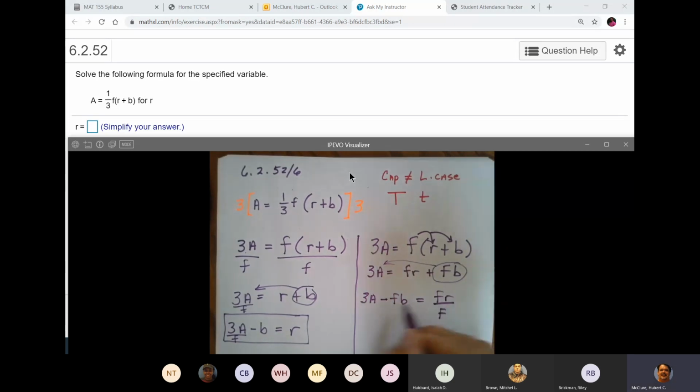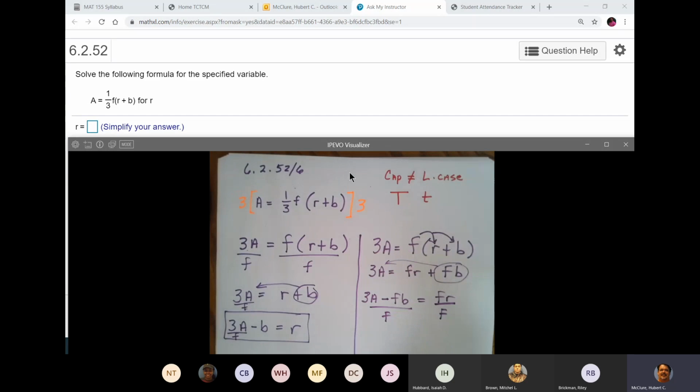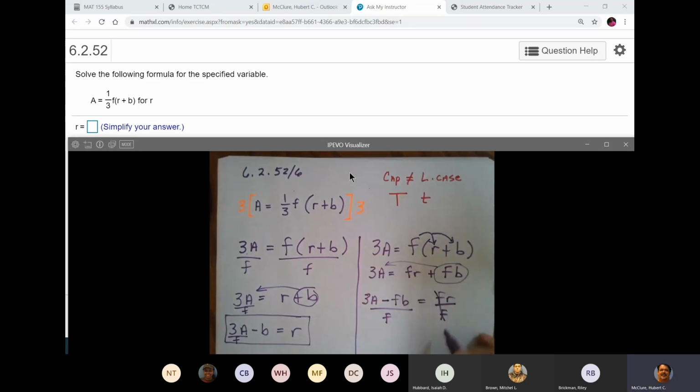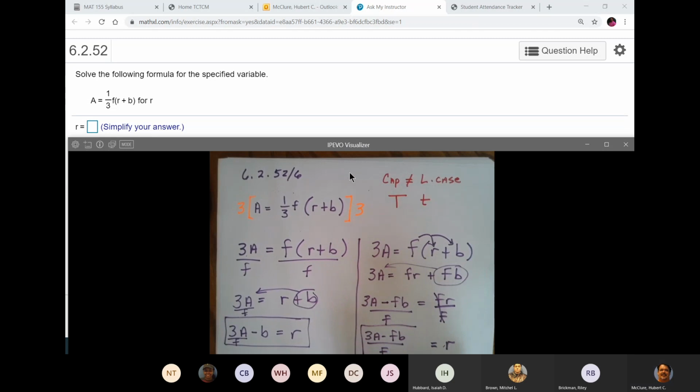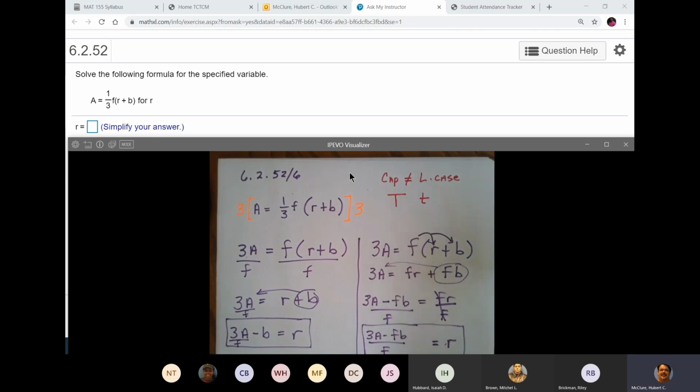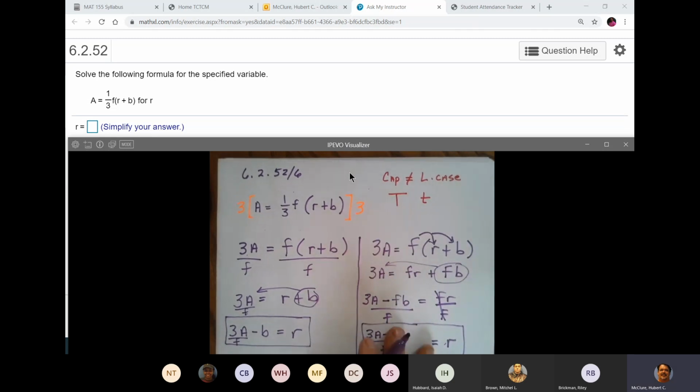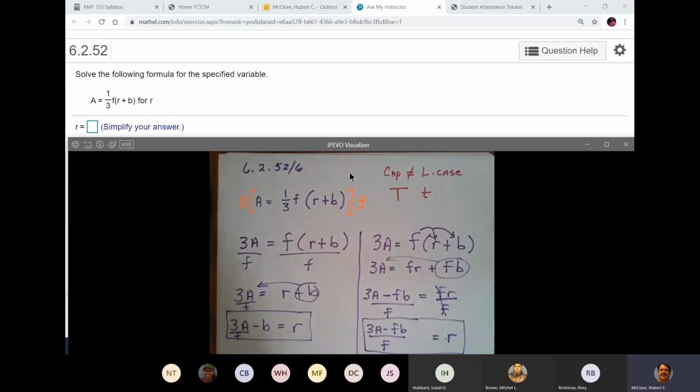And divide by F. R is equal to 3A minus FB over F. And I believe when we did this problem the other day, this one was the answer: 3A over F minus B.